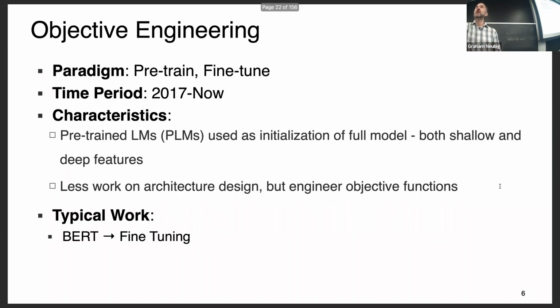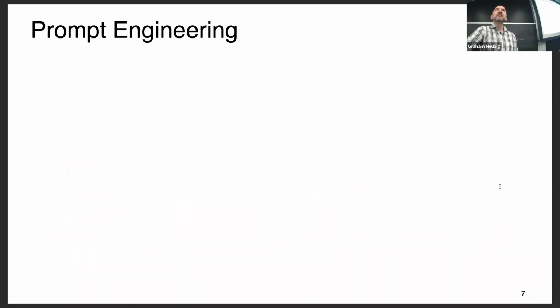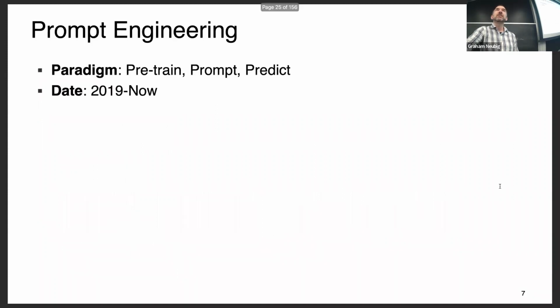So we can get most of that through objective functions, and that could be like BERT plus fine tuning. And again, there's a spectrum of these things, but that's kind of the general trend. And then finally, prompt engineering.